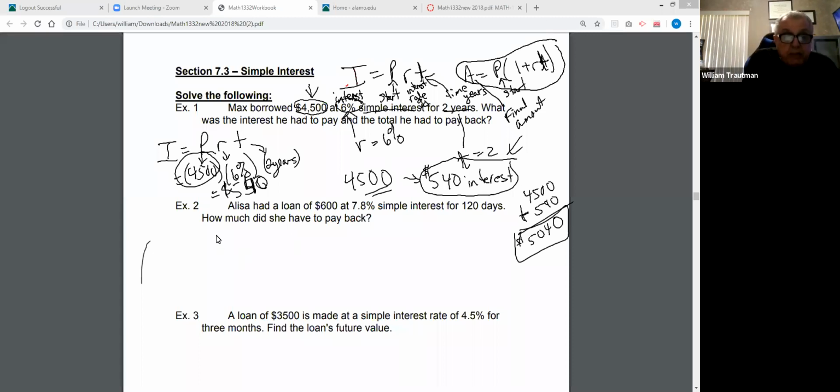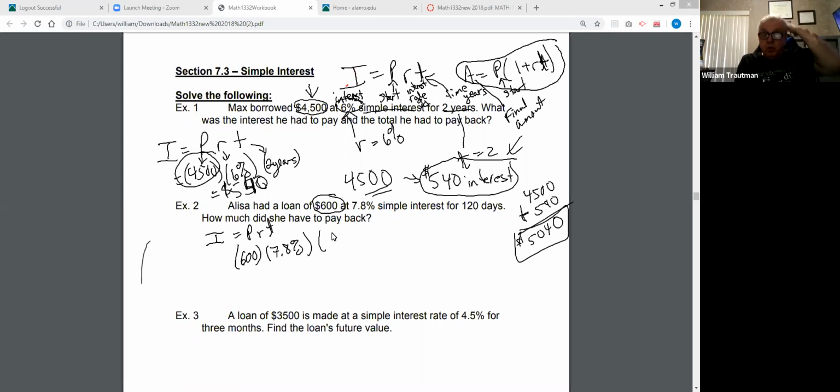So first we need to find the interest. The interest equals the principal times the rate times the time. The principal, we started the loan with $600. The interest rate was 7.8%. And the time is not 120.